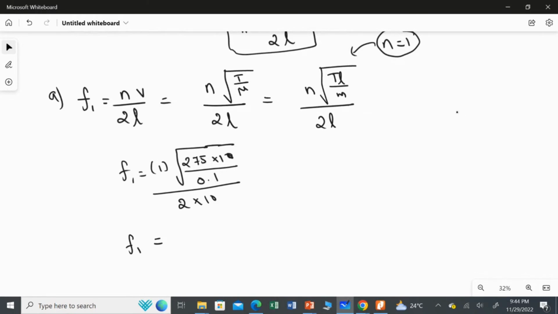The square root of 275 multiplied by 10 over 0.1, divided by 2 times 10.